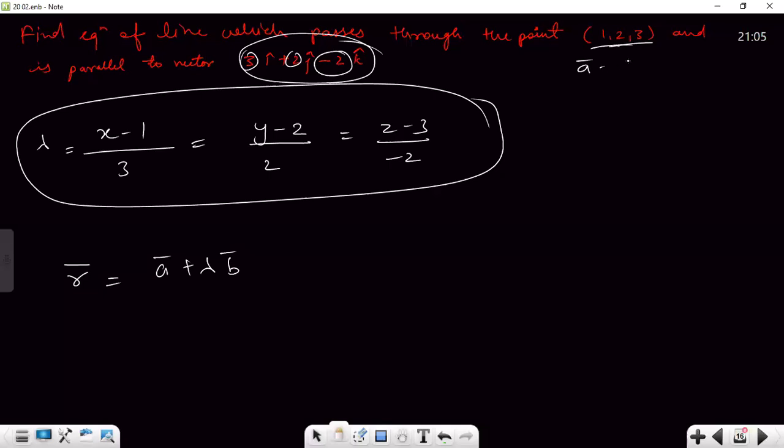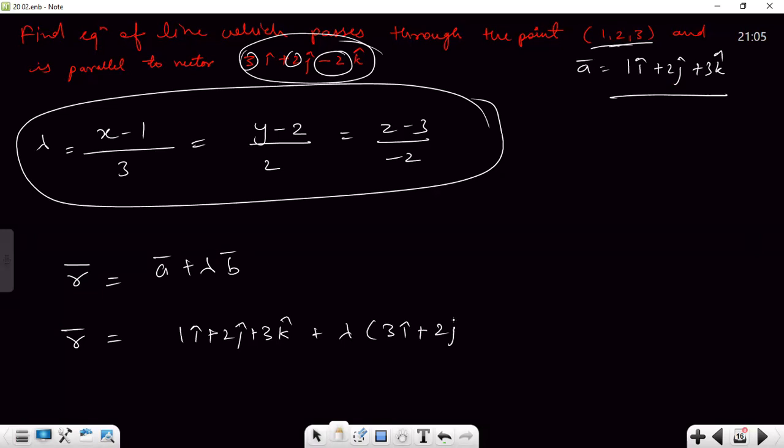So r vector equals 1 i cap plus 2 j cap plus 3 k cap, plus lambda times 3 i cap plus j cap minus 2 k cap. That is the r vector. Simple. The equation of a straight line in vector form.